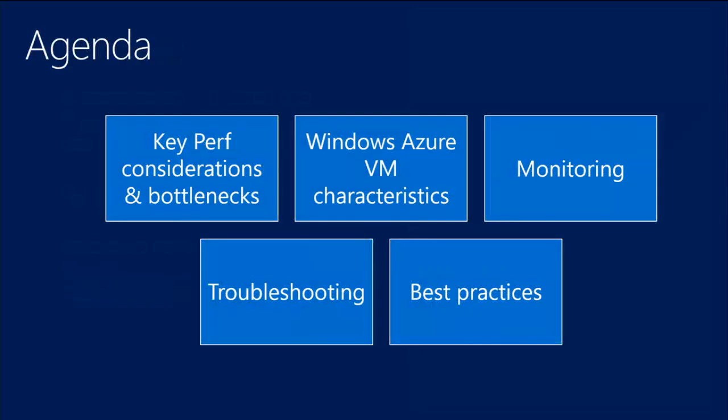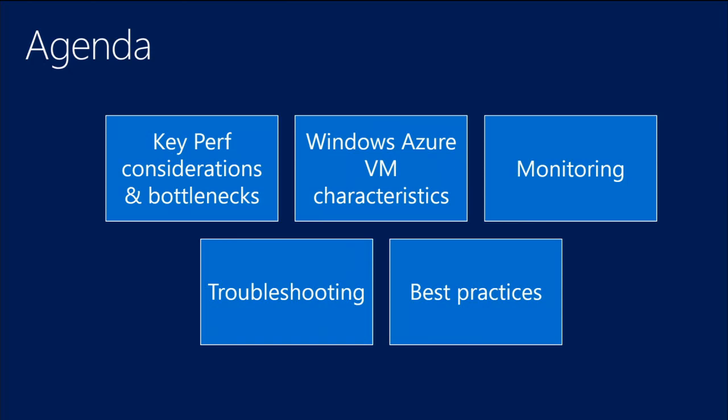Okay, this is what we're going to cover then. I'll start with some key considerations. In other words, what do we actually care about? What are the KPIs, the key performance indicators that matter to us? What are the key characteristics of the workloads that we're interested in? Then I'll go to what you actually need to know about Windows Azure architecture and configuration options.